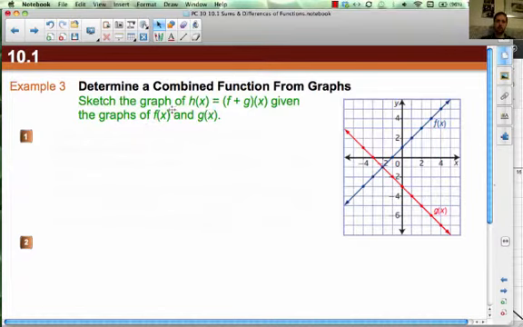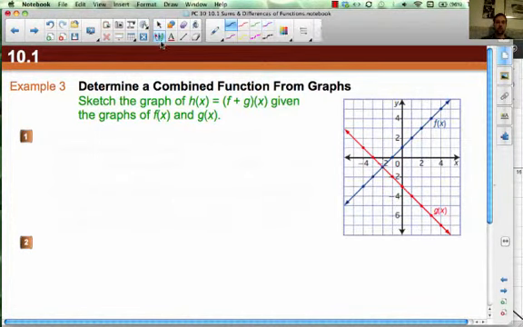Okay, example 3. Sketch the graph of h of x given the graphs of f and g. Okay, so we are adding the sum of these two, finding the sum of these two, and we are trying to sketch the graph of the new one based on just these two. Now there are two ways to do this.